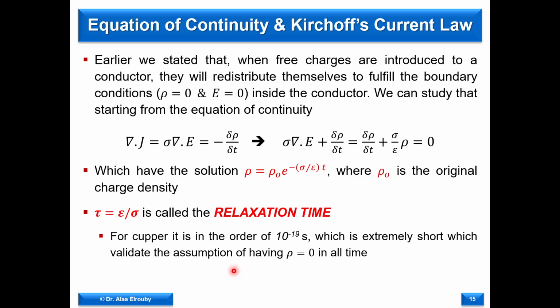The relaxation time is really very, very small, which means instantaneously, like in 10 to the minus 19 or 10 to the minus 18 second, rho will equal 0. This is the time it takes the charge to move on the surface of the conductor to adjust to the boundary condition of constant equipotential surface and volume for the conductor.